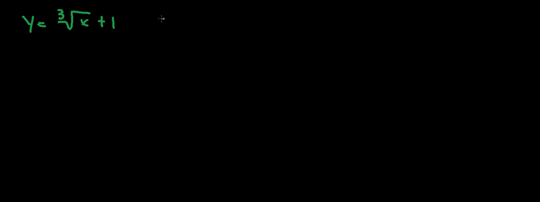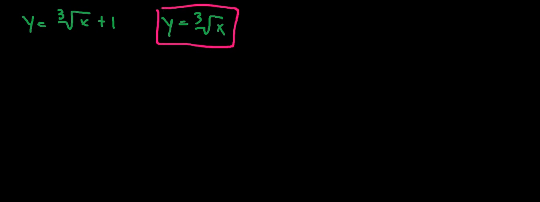We know one of the functions from our library functions is y is equal to the cube root of x. So this would be a good base function to use. And if this is our base function, then we're adding 1 to it. So we're having a constant added to the f of x.